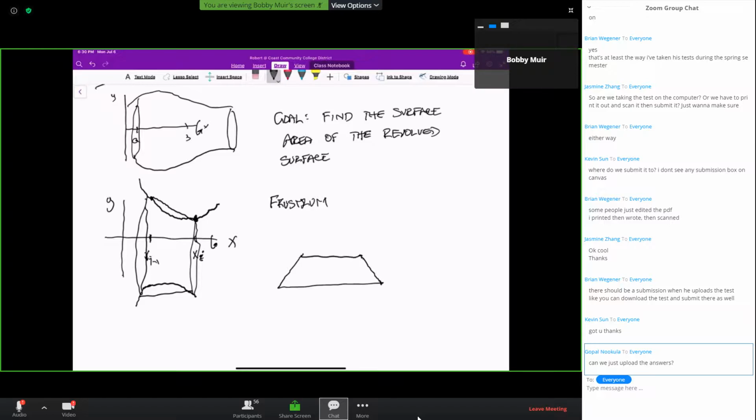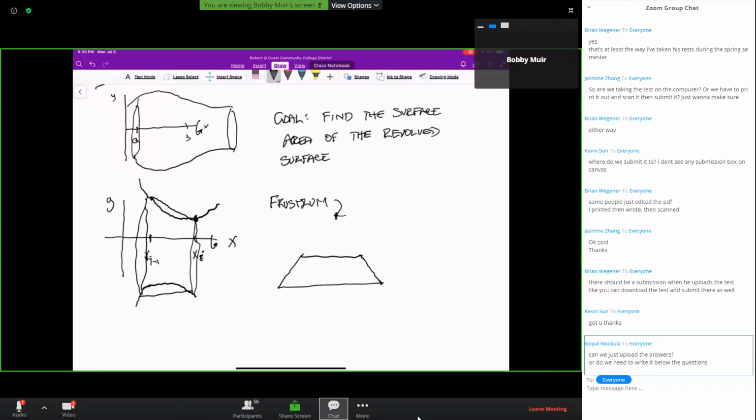This is what we call a frustum. Now, how do we get the area of this frustum?